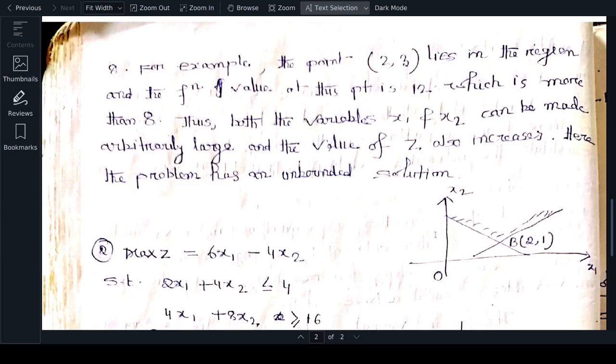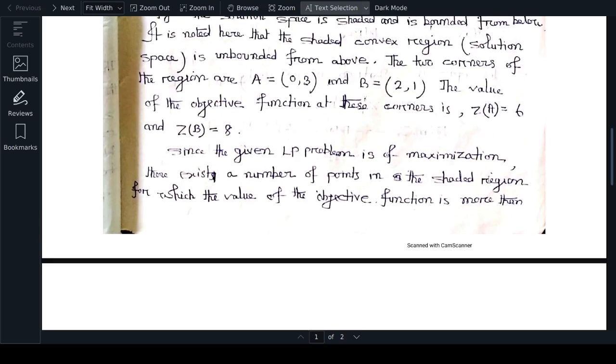Okay. Next question is, which region do we consider for x1 minus x2 less than or equal to 1? From x1 minus x2 less than or equal to 1, we get one straight line.